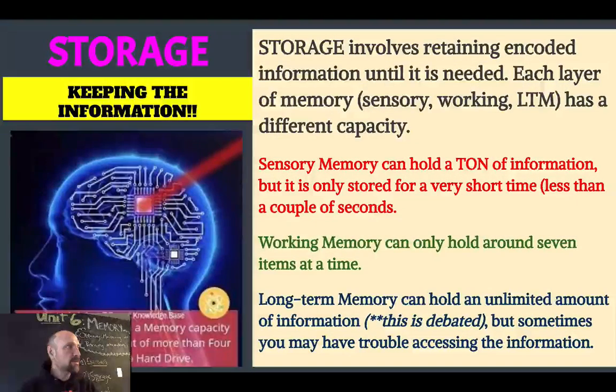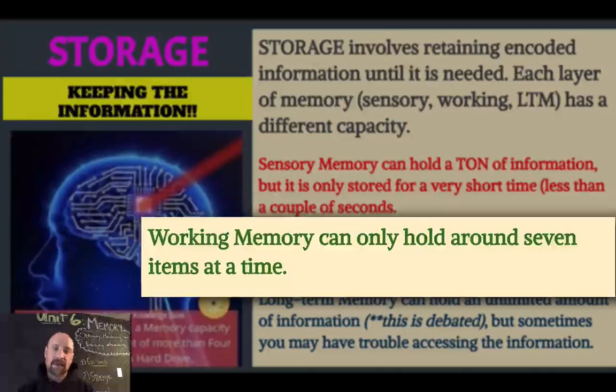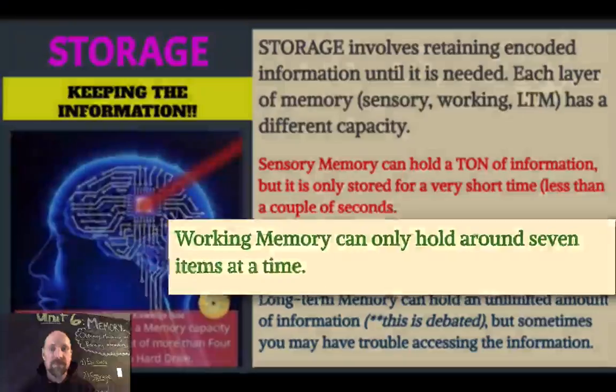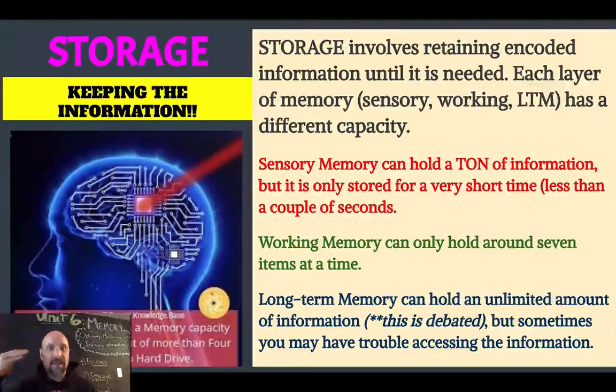As soon as you look away from something, most of what's going on over here to my right, I can maybe recall a few things, but a lot of information just falls off unless you re-avert your attention. Working memory, short-term memory, we'll do some activities in class, can hold around 7 things at a time. You can think about 7 unique pieces of information at once. Okay? So storage, holding on to information.